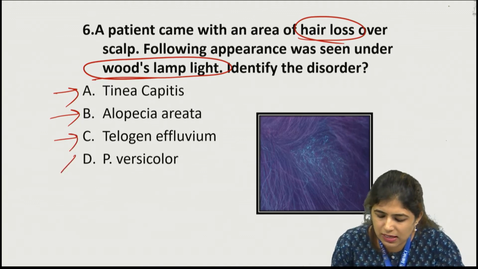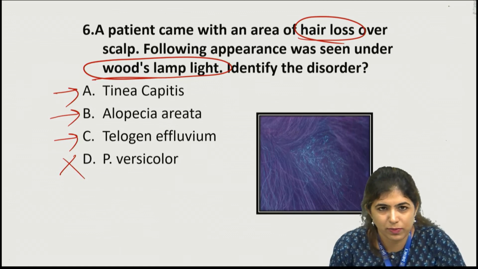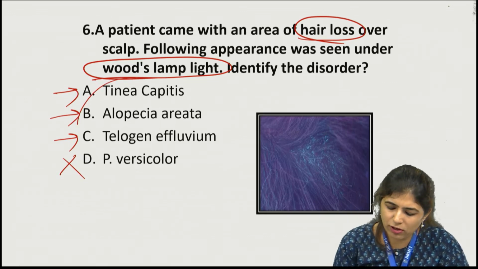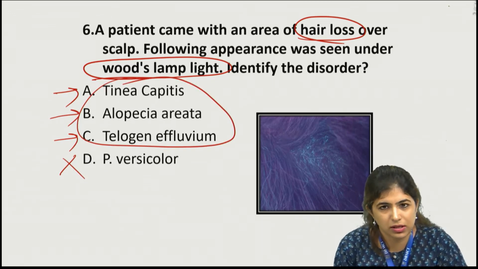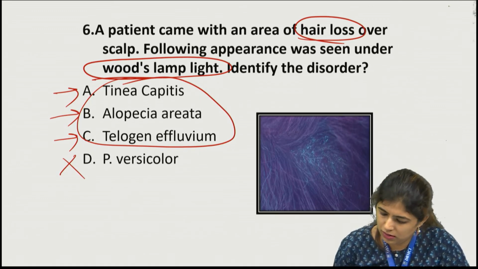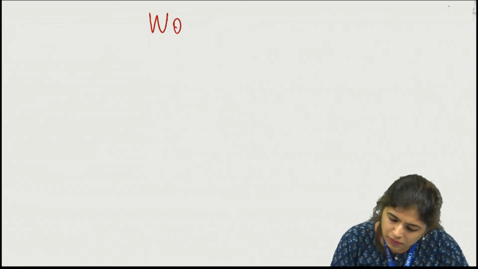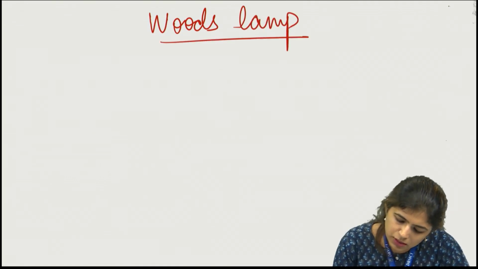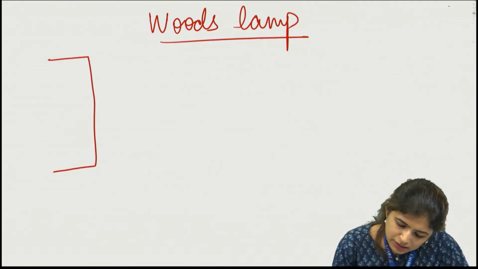P. versicolor is out because it doesn't cause any alopecia. So one of these three is the answer here. Now, what is Woods lamp? Woods lamp is something like this.